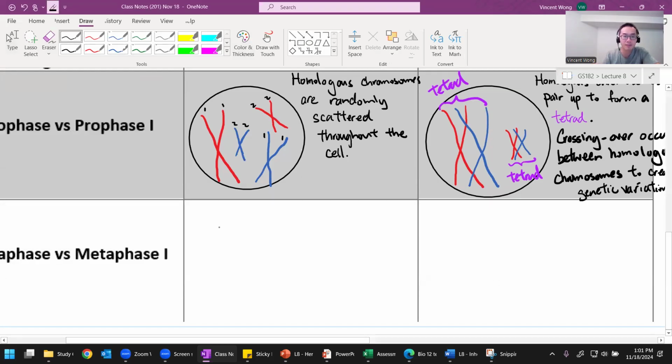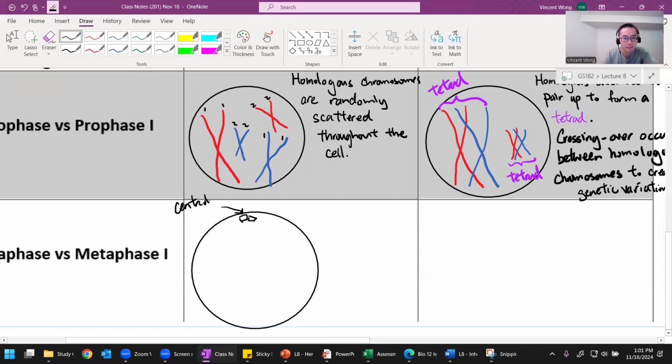Okay, moving on, if nobody has anything they want to ask. Next is going to be metaphase of mitosis, which again, you already know. We're going to have some centrioles here, and then the chromosomes are going to line up in the middle. You can draw the spindle fibers if you like.